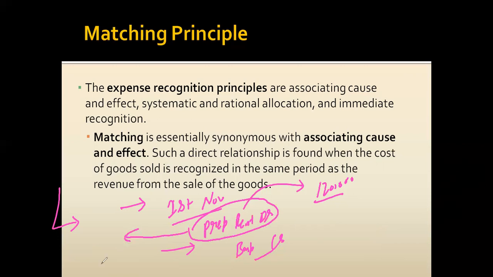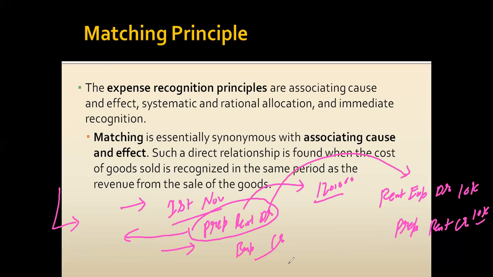I have to use it in the future. So now every month when we utilize this rent on a monthly basis, we will pass this entry: rent expense debit and prepaid rent credit 10,000. I wrote it 10K.